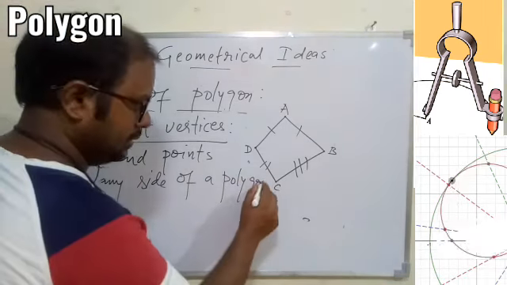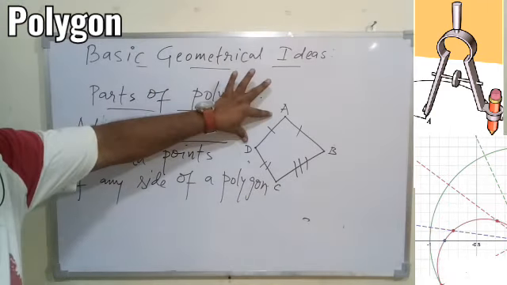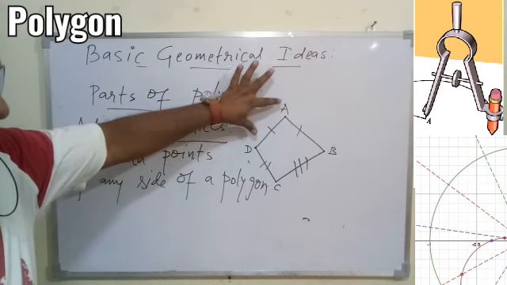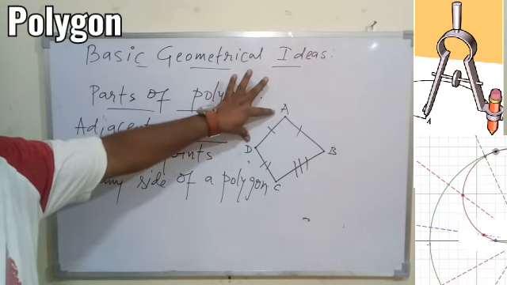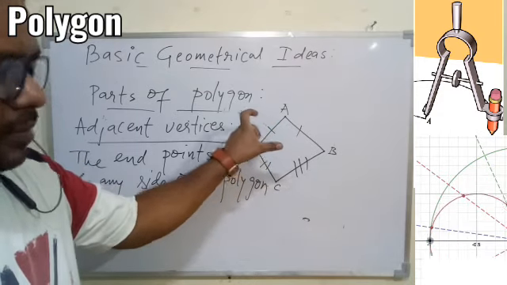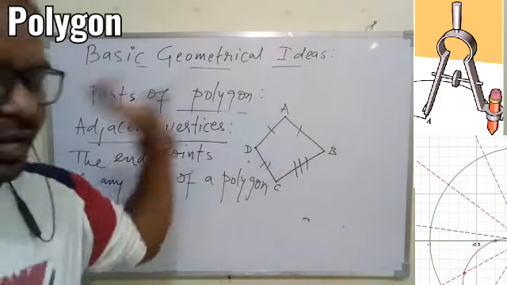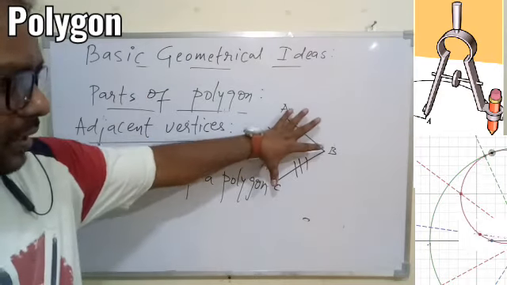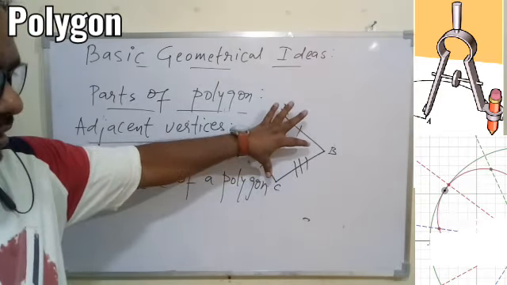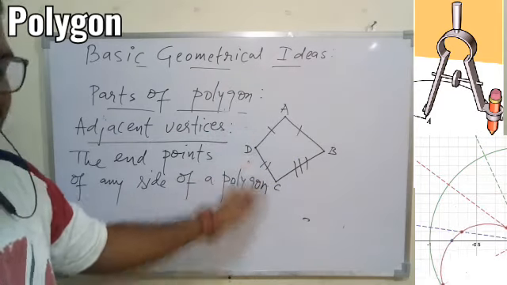AD is one of the sides, and A and D are the end points of this line segment. AB is a side of this polygon, and A and B are the two different end points of AB. B and C are the end points of side BC, and C and D are the end points of side CD.